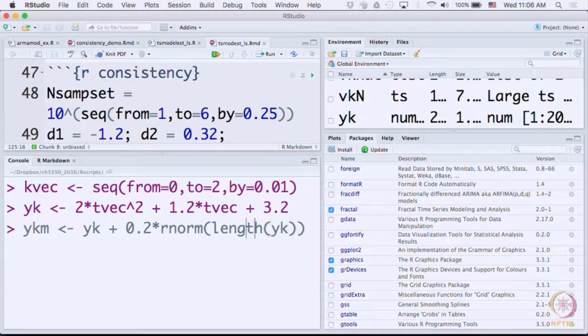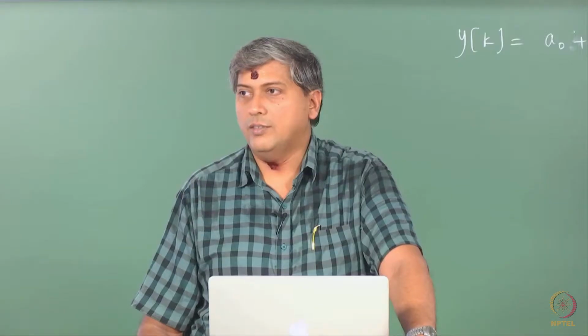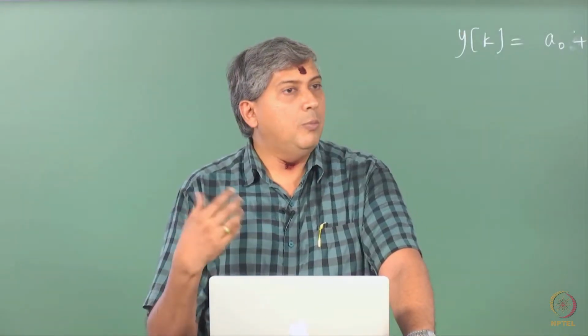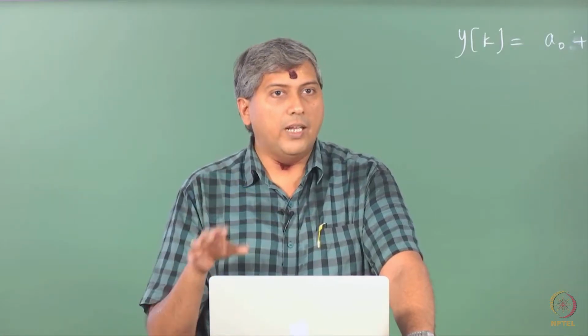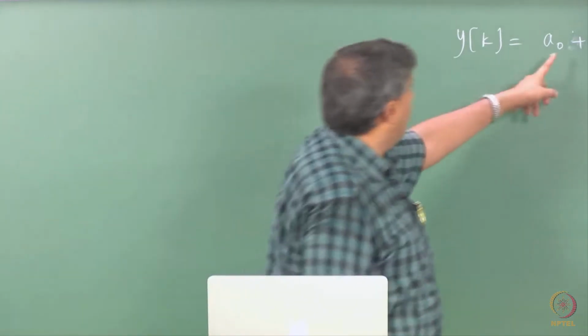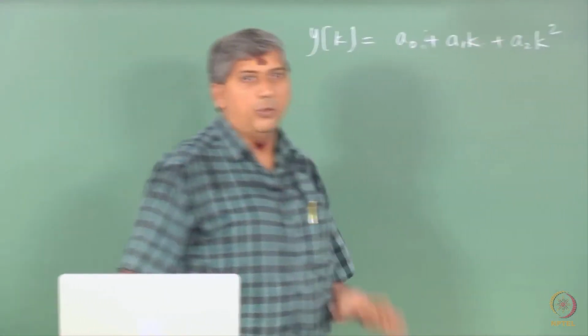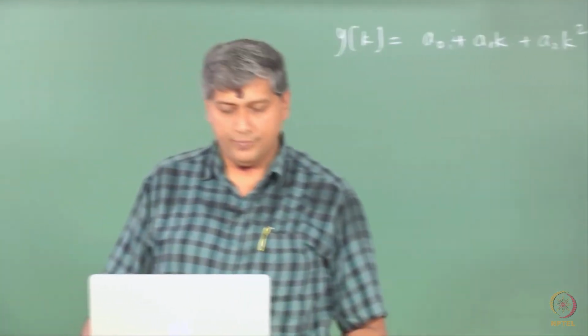You could adjust this factor 0.2 to any value that you want, but remember that as you increase that factor you are raising the levels of noise and lowering the signal to noise ratio, and therefore you should expect poorer and poorer fits because our regressors are going to be 1, k and k square. Those are the regressors that we are going to use.